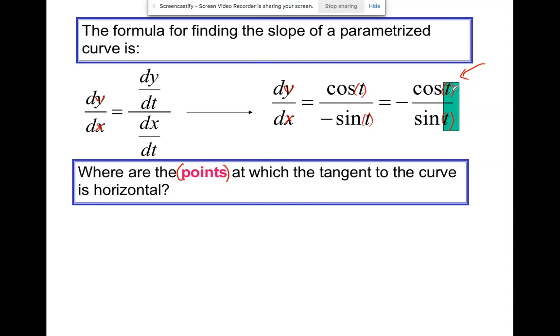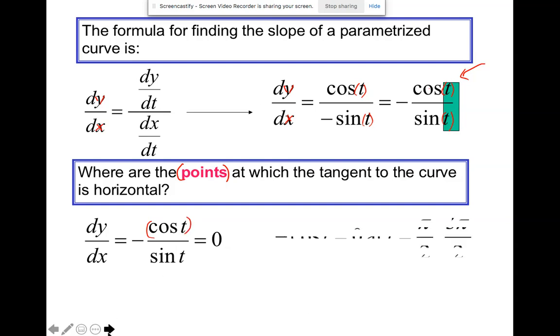I choose not to because I'm going to evaluate in cosine and sine. So horizontal tangents occur when your derivative is equal to 0. For my derivative to be equal to 0, I just need my numerator equal to 0. You took Algebra 2 and pre-cal, and you're pretty good at finding out when cosine is 0, right? Cosine is 0 at pi over 2 and 3 pi over 2.